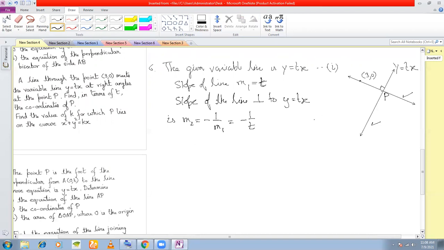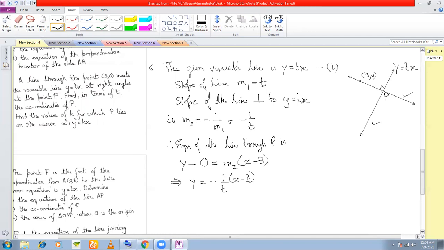Now you know the slope of this line and you know a point on this line, so you can get its equation. Therefore, the equation of the line through P is y minus y1, which is 0, equal to M2 times (x minus x1). That means y is equal to minus 1 by t times (x minus 3), right? Now take x and y on one side and you'll get x plus ty minus 3 equal to 0.